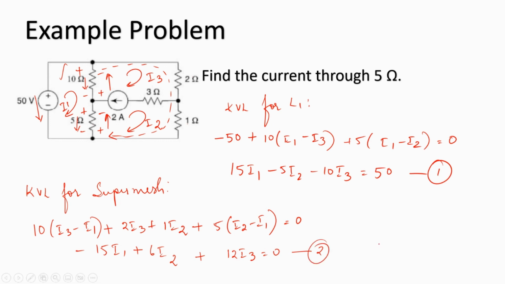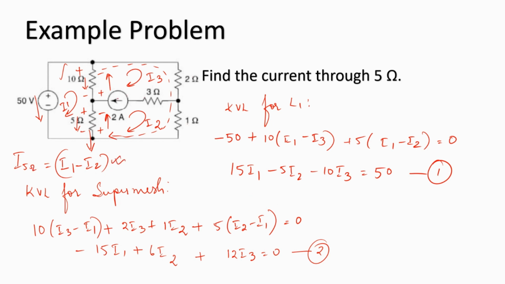We can now also frame two more equations. The first one is that we need to find out the current through the 5 ohm resistor. So that is actually going to be equal to I1 minus I2. So this is the current that is flowing through my 5 ohm resistor. This is what we need to find out.